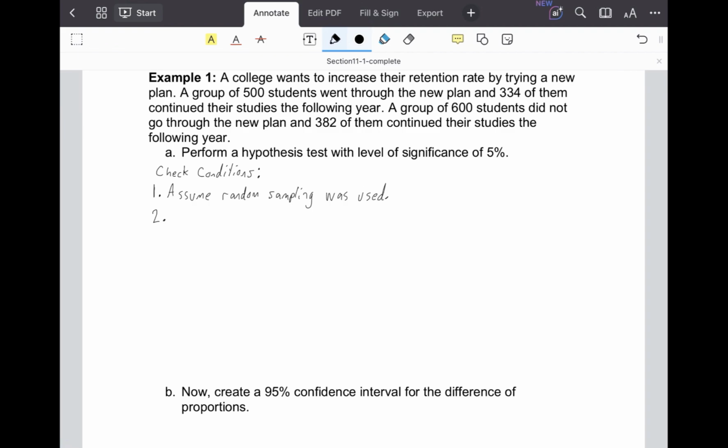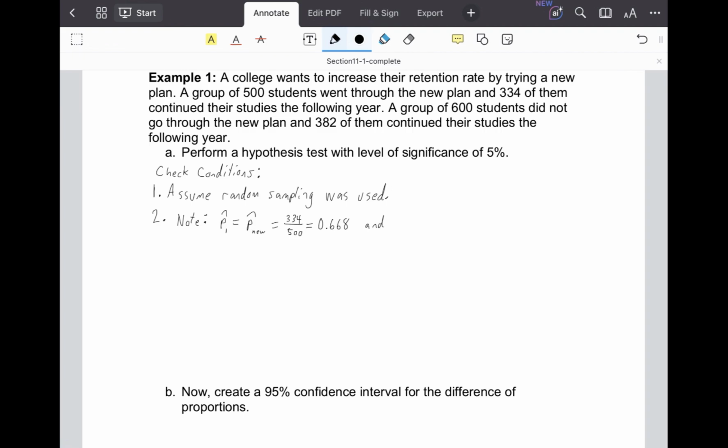So let me just note here's what they are. For p1 hat, which I'm just going to label as the new plan, we have 334 out of 500, and that gives us 0.668.